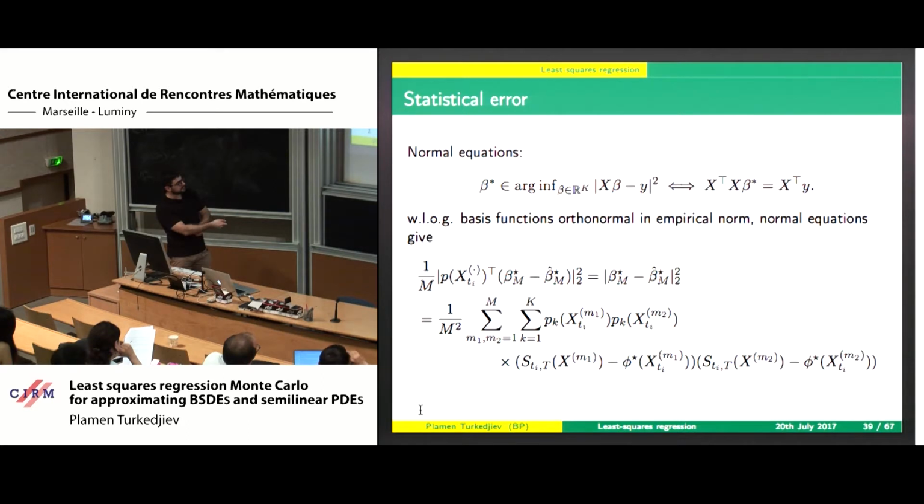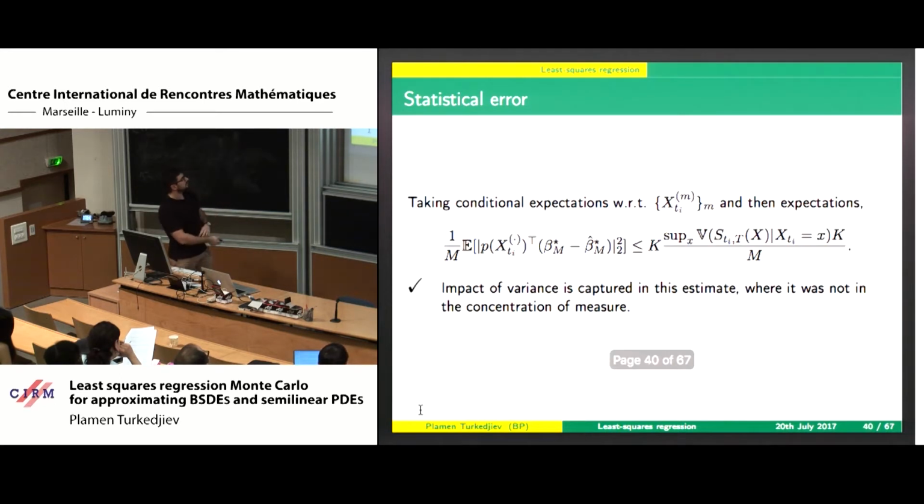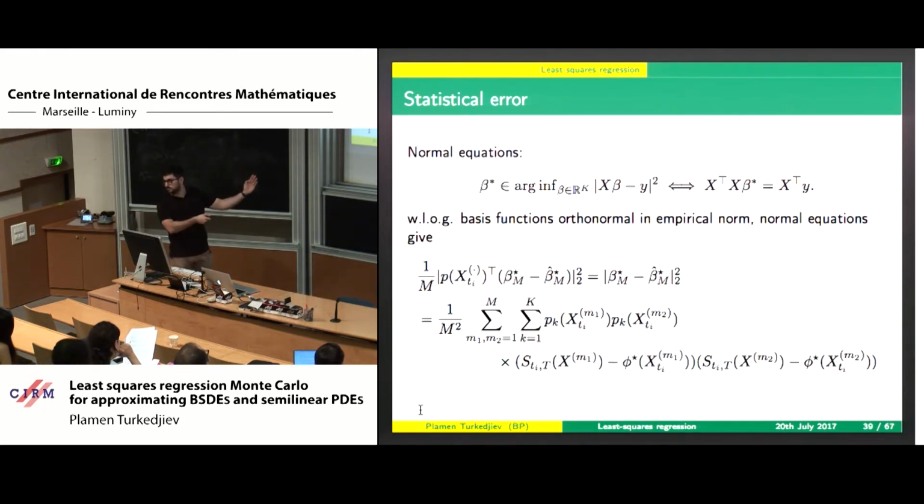And for all of the terms where M1 isn't equal to M2, we use the independence and the fact that this is just the conditional expectation of this to show that the non-diagonal terms are 0 under this conditional expectation. And of course, the diagonal terms are all equal to the variance, because it's S minus its expectation squared. That's variance.